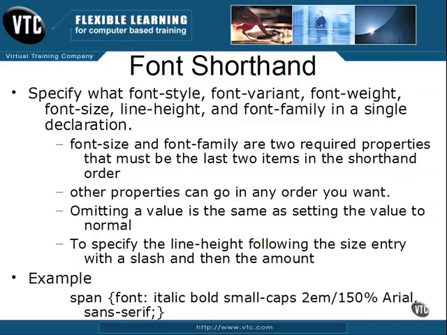To clarify a little bit, the only two things that will be required here are the 2em and then Arial, sans serif. All of our other options are more or less optional, except if we omit them, it will set the value to normal for whatever our selection is.